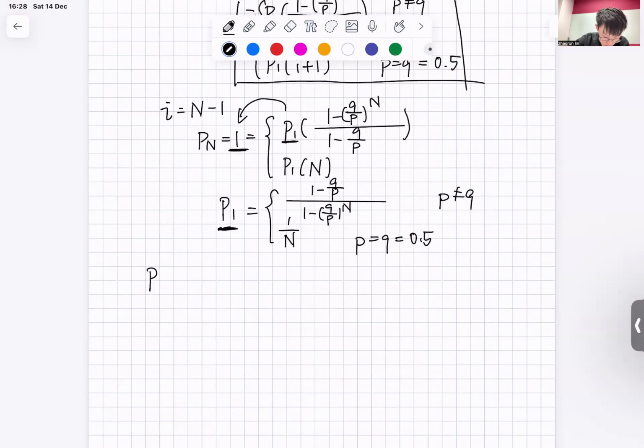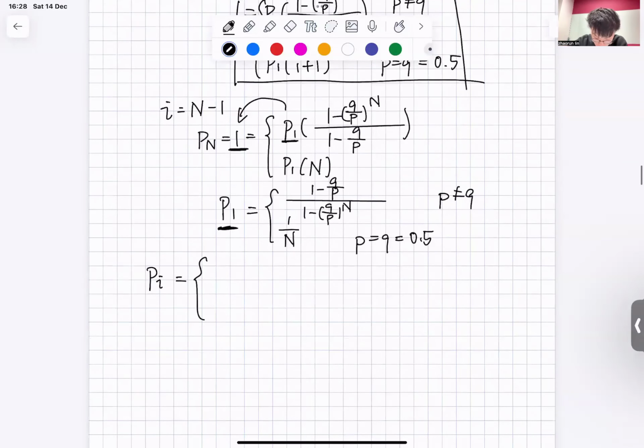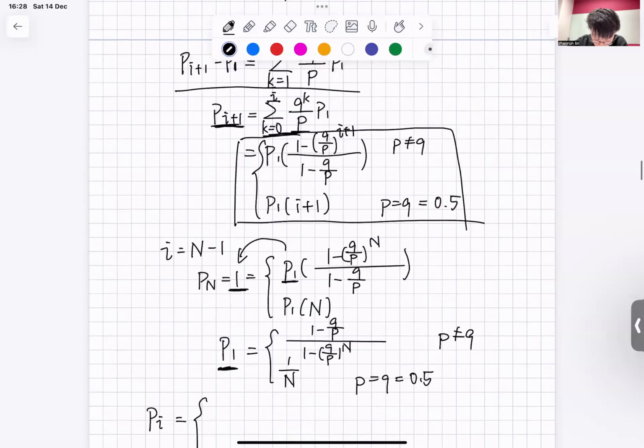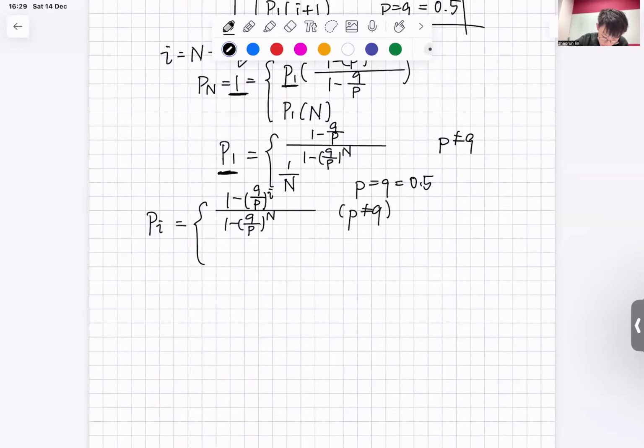So we just substitute P1 into Pi+1, and we can have Pi equals to, then this is i over n.